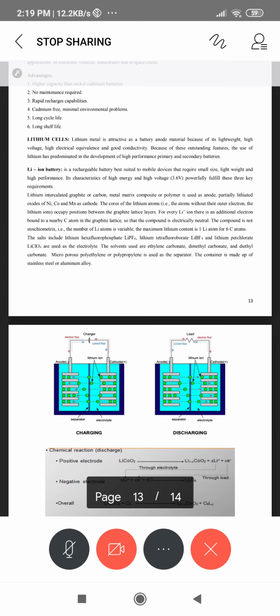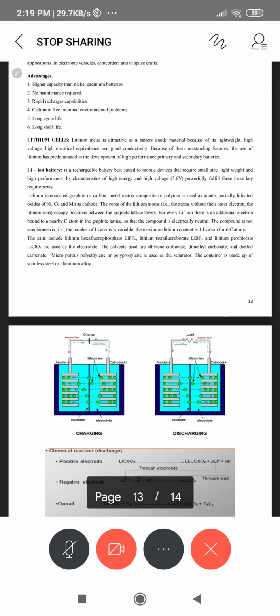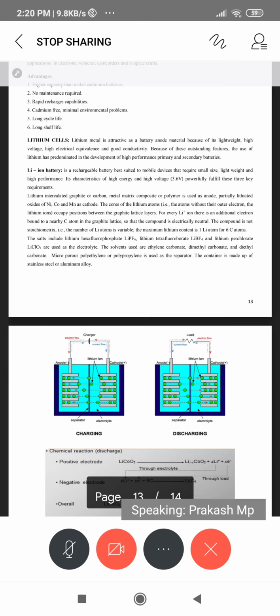At the time of discharging, lithium carbide LiXC6 gives rise to X Li plus, X electrons and 6 carbon. The 6 carbon is retained. Lithium cobalt oxide plus that lithium and electrons react again. Lithium and lithium X cancel, and lithium cobalt oxide is retained.